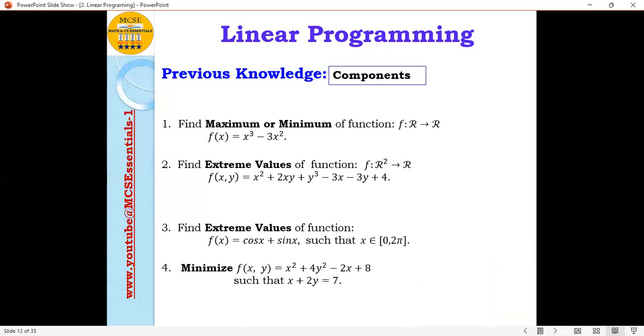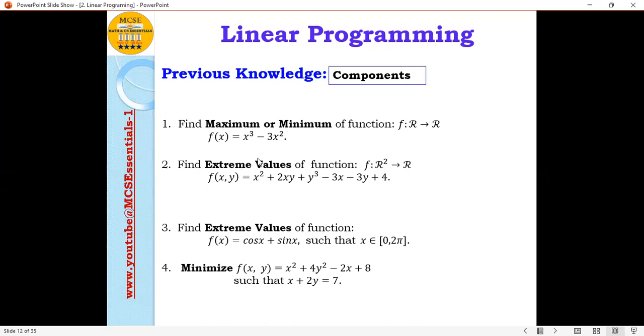So we study the components of such problems which we already know how to solve. The first component is the assignment, the job assignment. The job assignment was to maximize or minimize a given function, or when we don't know whether the function will have a maximum value or minimum value, or it may have both values, then the words extreme values were used.